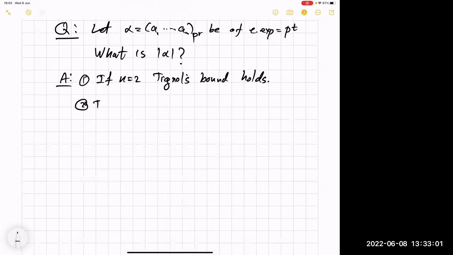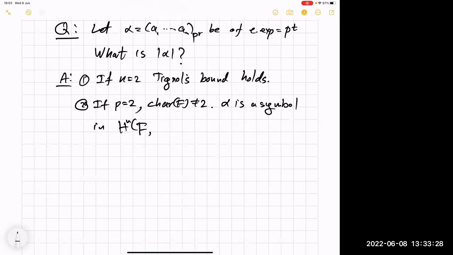So if p is 2, characteristic is not 2, and alpha is a symbol in H^n(F, mu_2^{⊗r}), of effective exponent dividing 2^(r-1), that's all I can do.